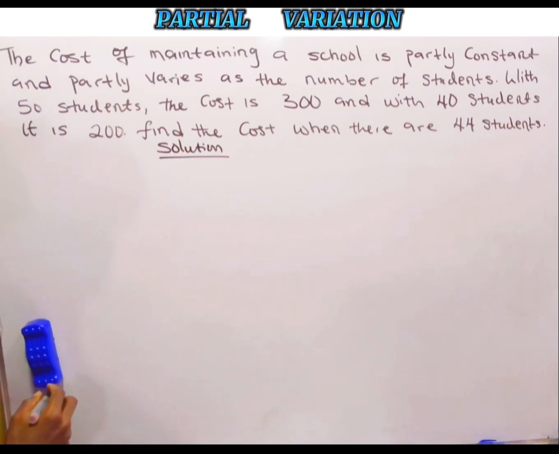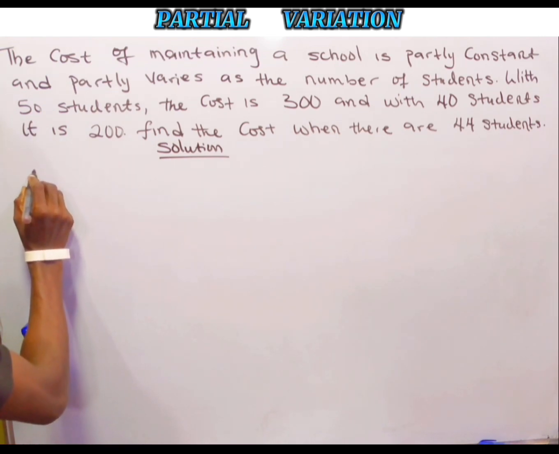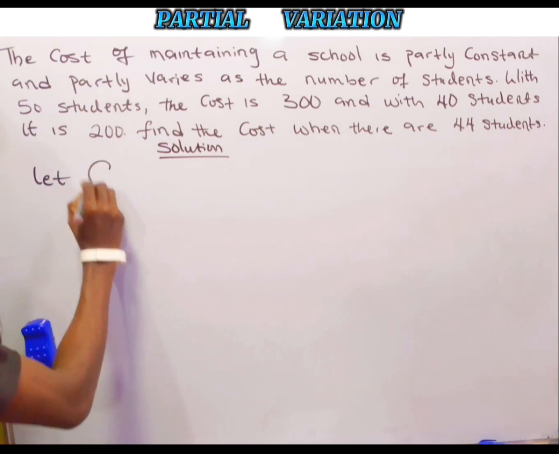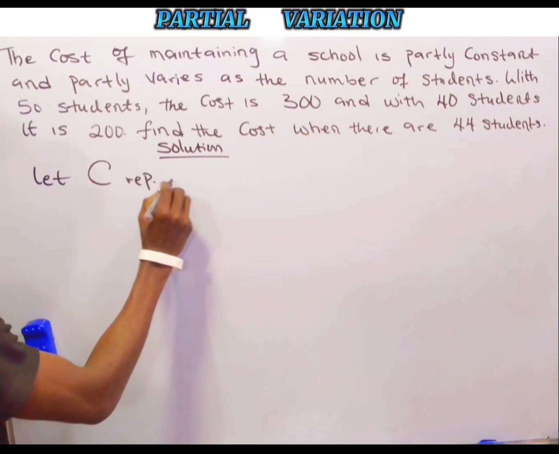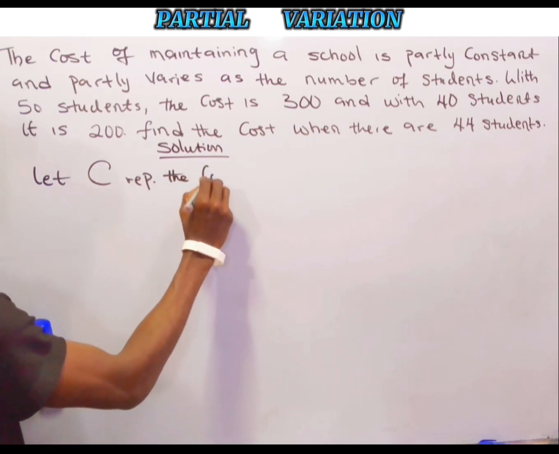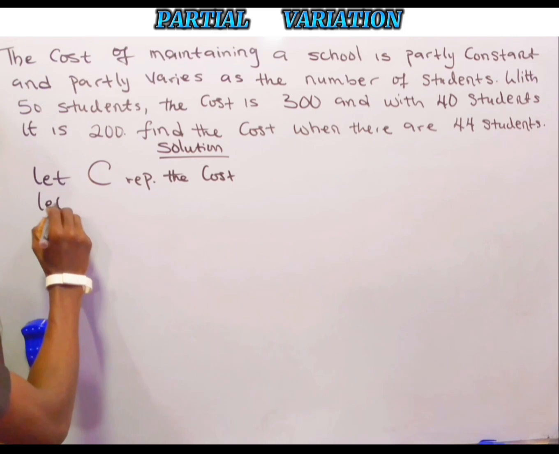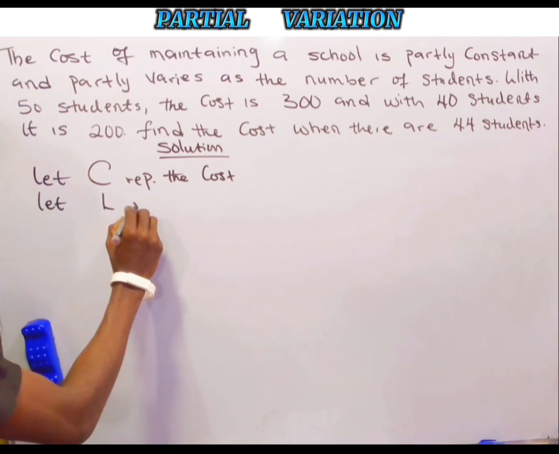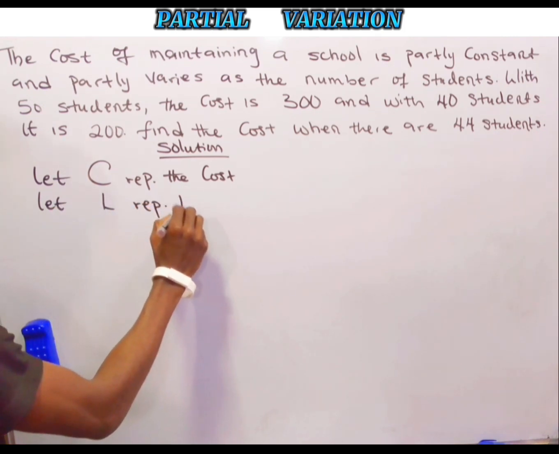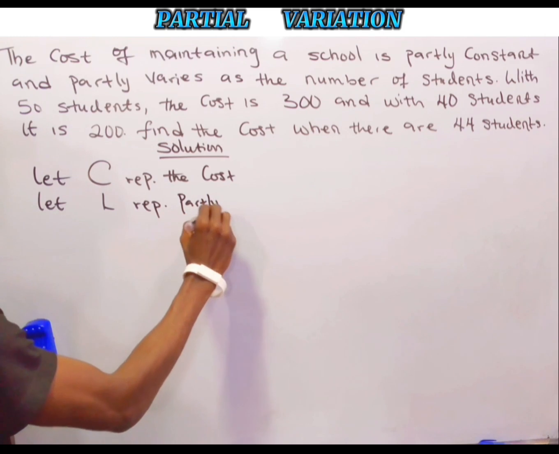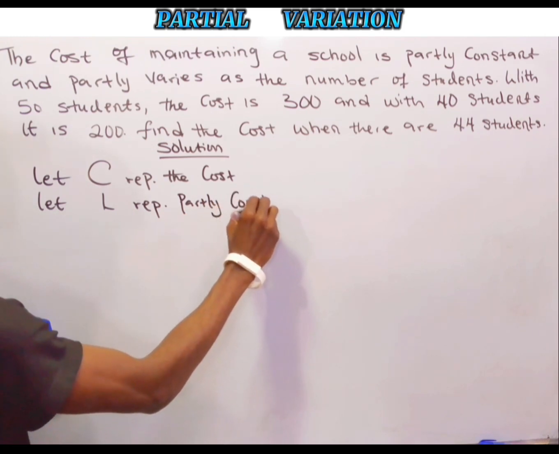The cost of maintaining a school. So let the cost of maintaining the school be C. And it's partly constant, so let L represent the partly constant.